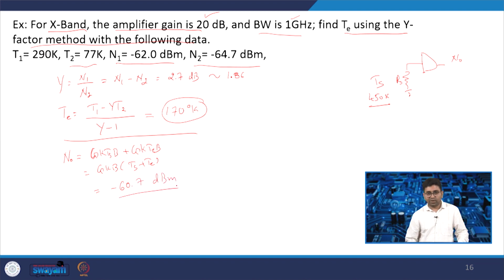This is the output noise power. In this example, what we tried to understand is that if we have any device under test, first we can find out the equivalent temperature, and then if any other input with a different source temperature is given, you can find the output noise power. This is how you can use the Y factor method.